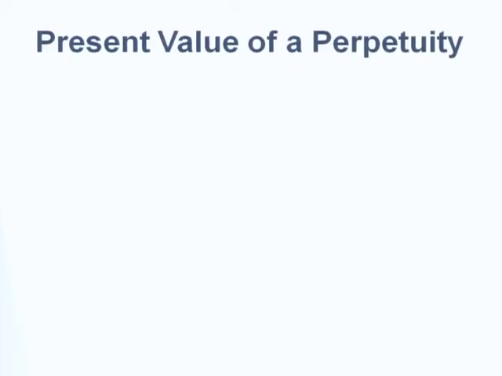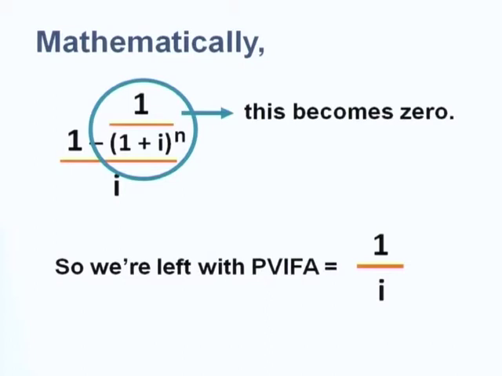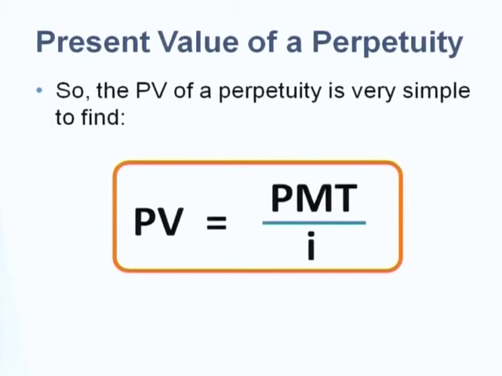If n becomes infinity, this factor becomes 1 divided by infinity. 1 plus I to the power of infinity will be close to infinity, so 1 divided by infinity becomes 0. Then PVIFA equals 1 minus 0, divided by I. So you go back to the formula: PV for a perpetuity is very easy, PMT divided by I.